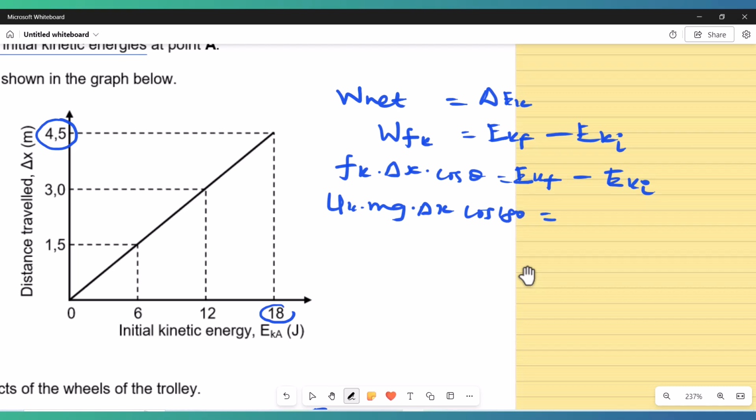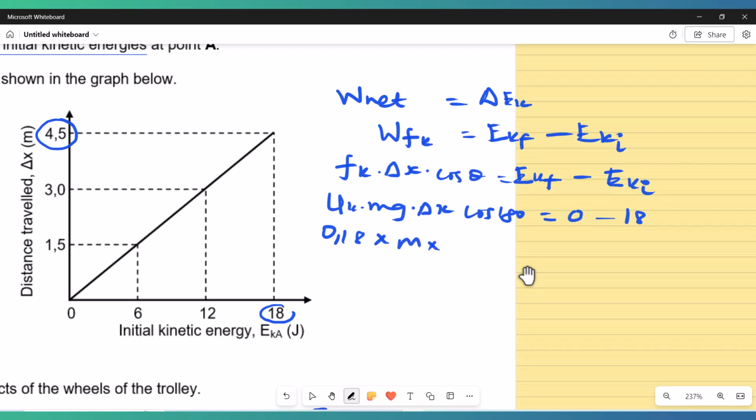Now Ek final here is 0. Why? It comes to rest, so Ek final is 0. The Ek initial, which I have, is 18. The coefficient was 0,18, then times the mass, which I'm looking for.